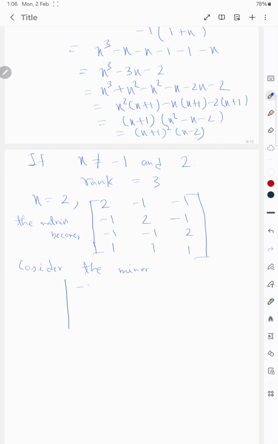So minus 1, 2, minus 1, minus 1, minus 1, 2. I am considering the lower 3 cross 3, with 1, 1, 1. You just check the determinant, what you are getting.